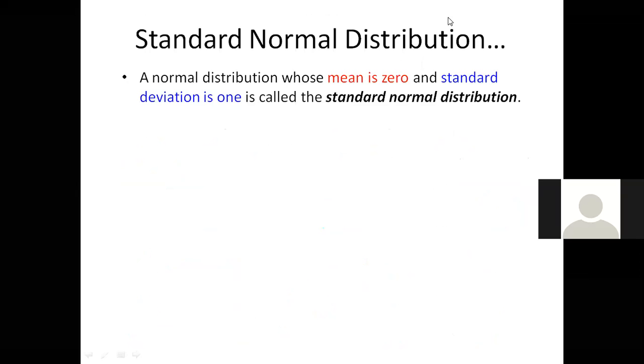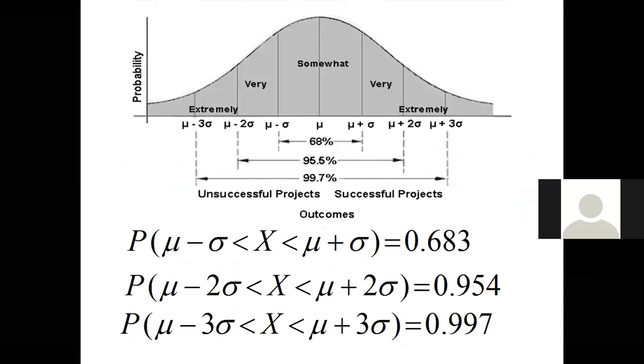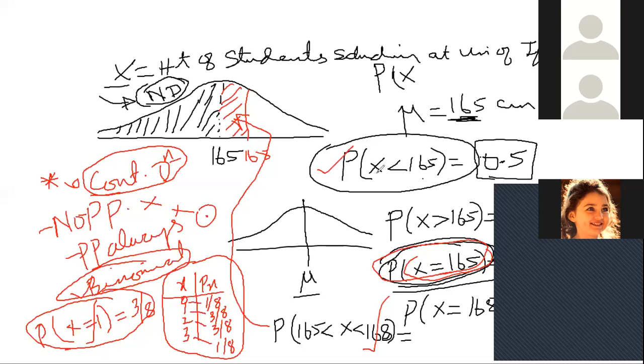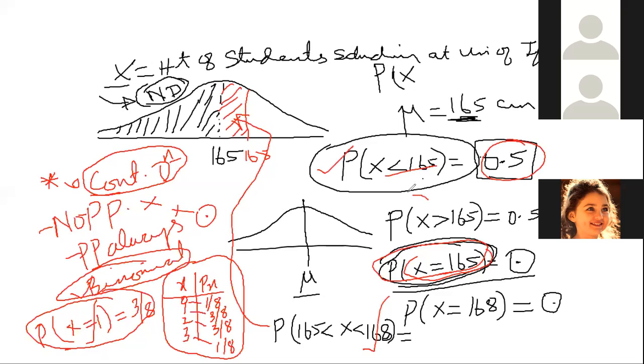Now I will come to a question which I have put up earlier. We said this is easy: finding the probability of x less than 165, we can find out, no problem. Finding the probability of x greater than 165 is also easy.